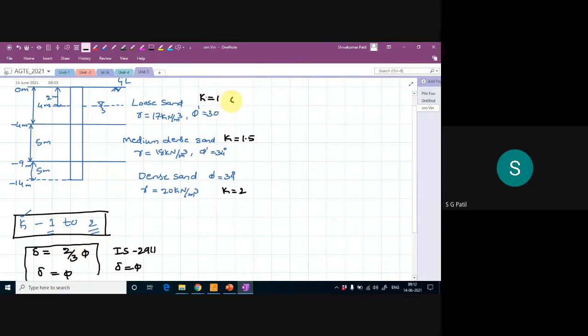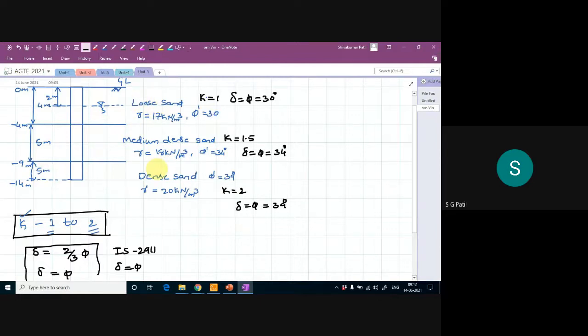So delta is equal to phi, that is equal to 30 degree. And here delta equal to phi is around 34 degree. And delta equal to phi is 39 degree. Okay, so these are the parameters we need.